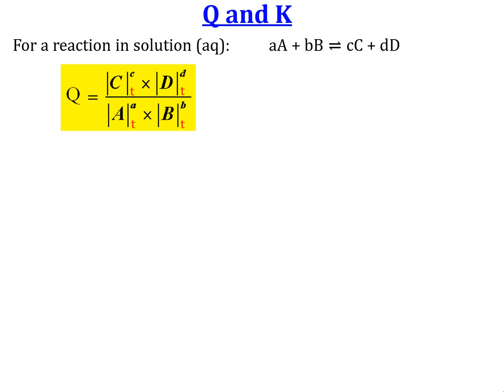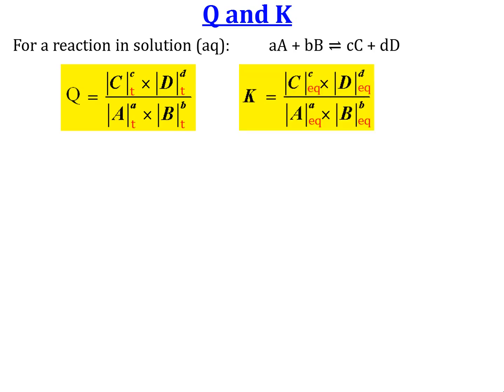And since we have infinities of value of Q for the same reaction, we have infinities of value of delta G for the same reaction. But one of the values of Q is at the time of equilibrium. So at equilibrium, K equals the concentration of the products divided by the concentration of the reactants at equilibrium, and pay attention, according to the stoichiometry. For this reaction, we have one value of K.